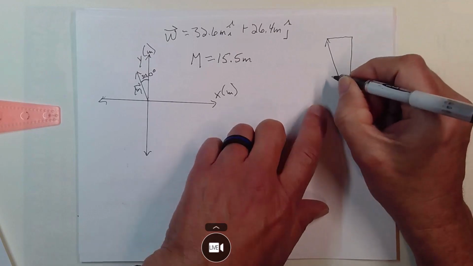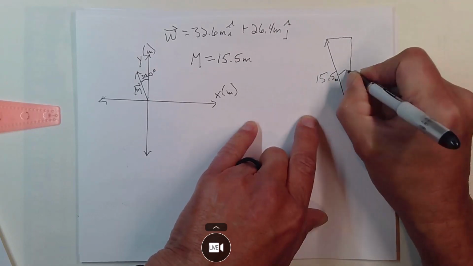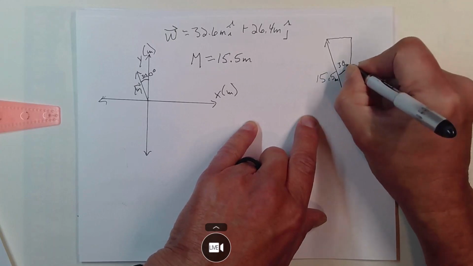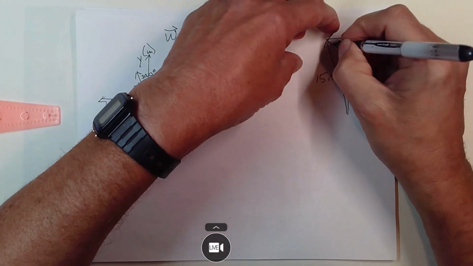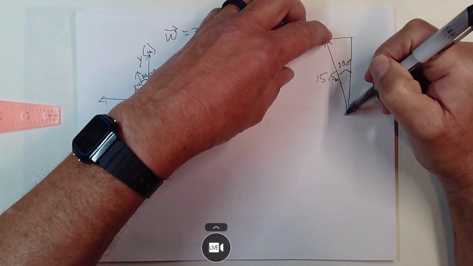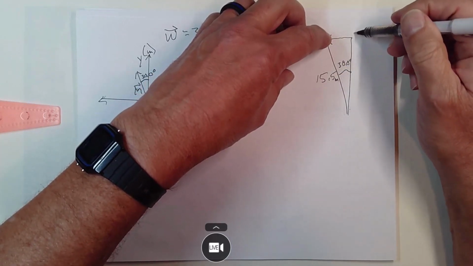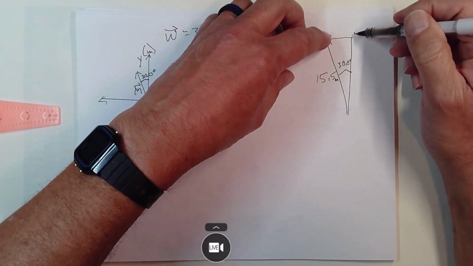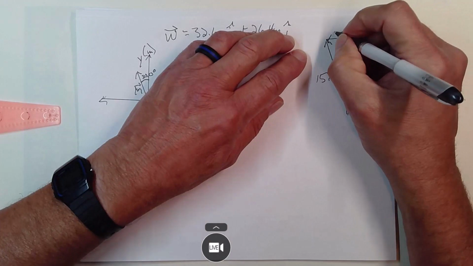I've got 15.5 meters out here. I've got a 30-degree angle here. Let's see. This part up here, this divided by 15.5 is the sine of 30, or this is going to be 15.5 times the sine of 30, which is 7.75, I think.